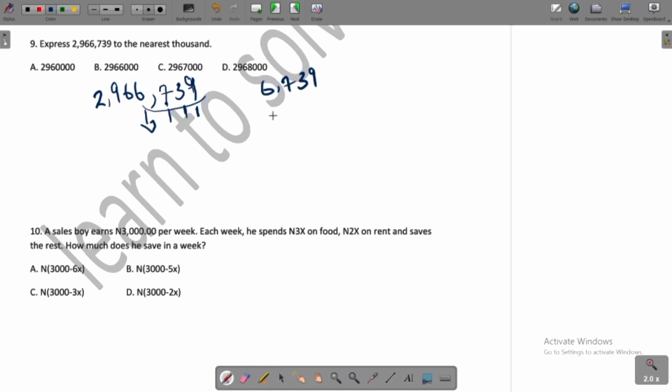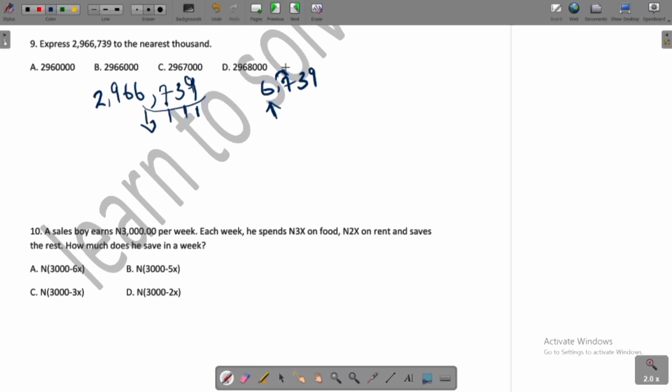This is 1,000 you have here. So you look at the number after it. We are counting using tens and hundreds, so the place value holding the hundreds, we look at it.